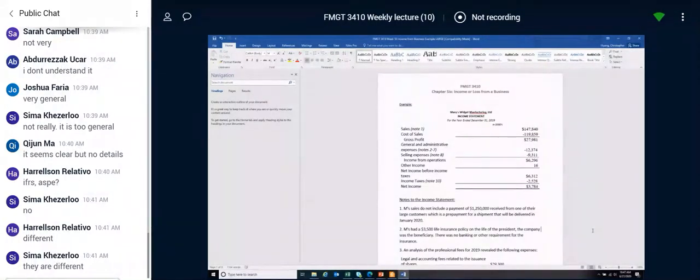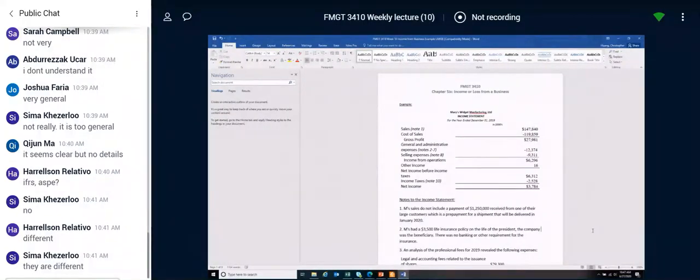Then the question becomes, what happens if you are paid in advance? What do you call that in accounting? You've been paid in advance for a service or good that you will provide in the future.